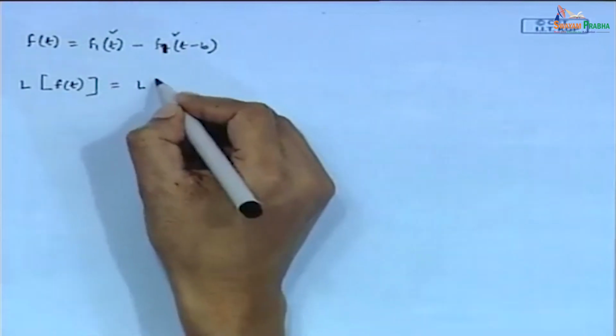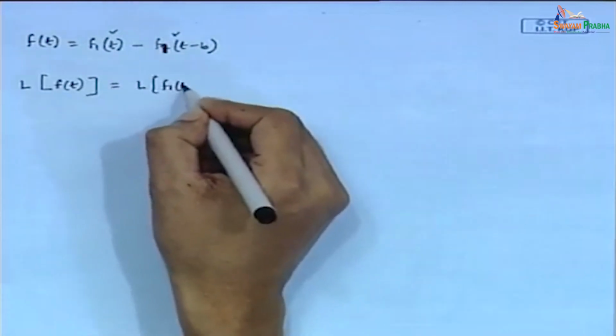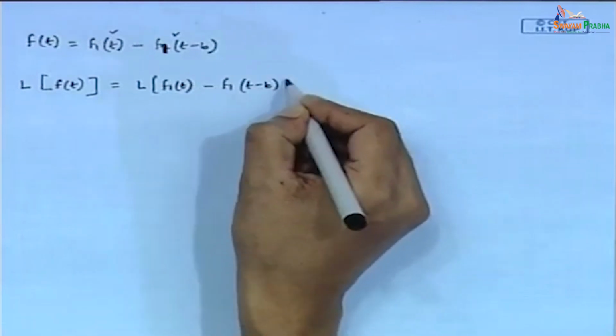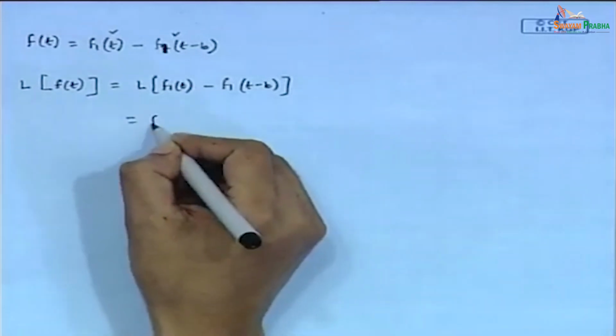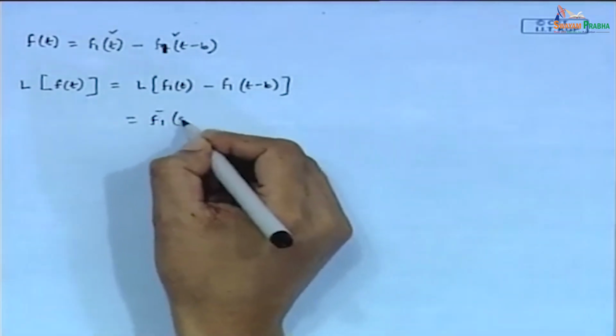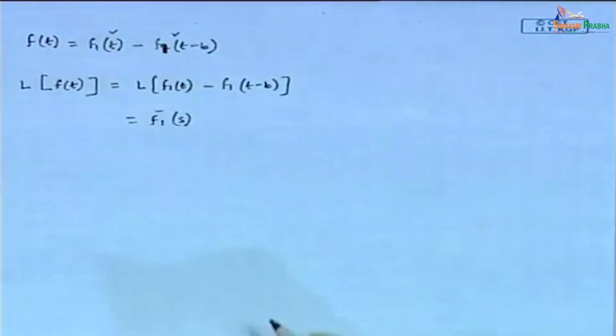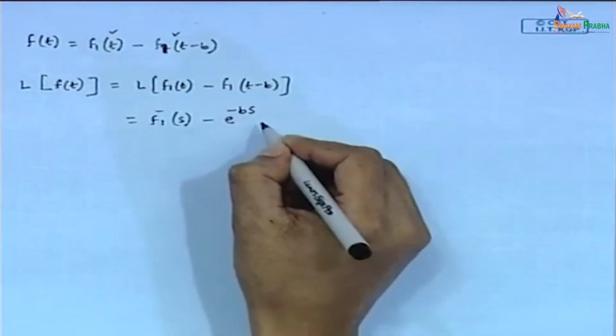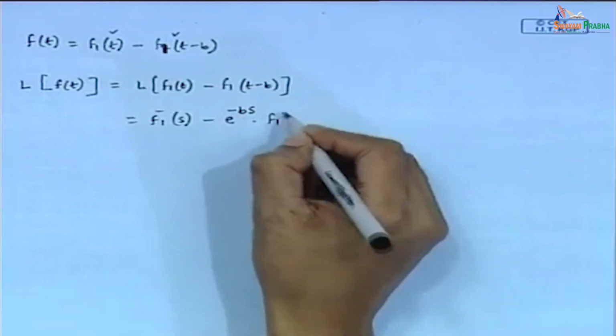So, the Laplace transform of f1 t minus f1 t minus b is equal to f1 bar s, and for this we can write e to the power minus bs f1 bar s.